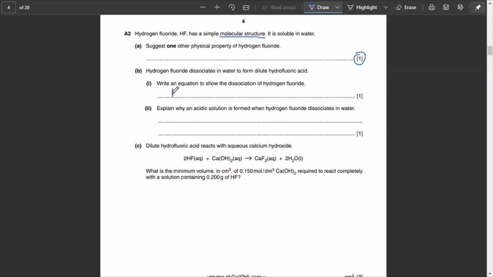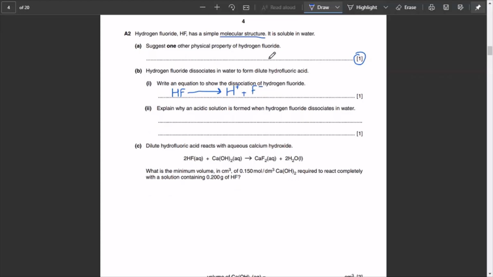It will be something like HF, and the dissociation for it will be hydrogen, the proton, plus F minus. Alright, this is the dissociation equation for this.